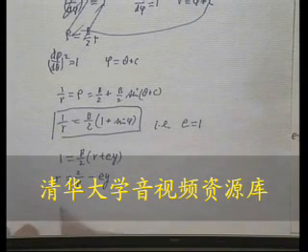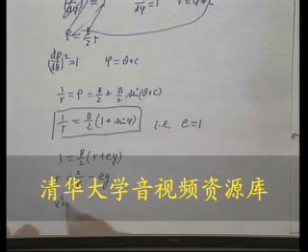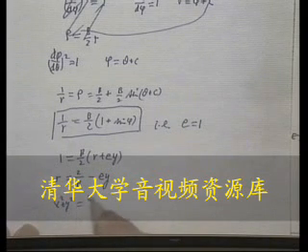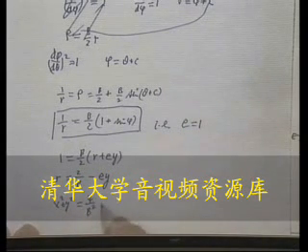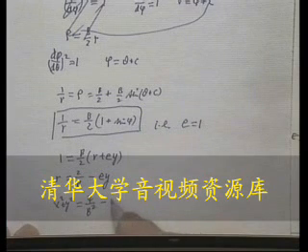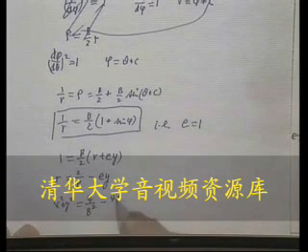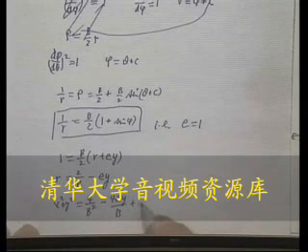So I square this, I get x squared plus y squared is equal to 4 over B squared minus 4ey over B plus e squared y squared.